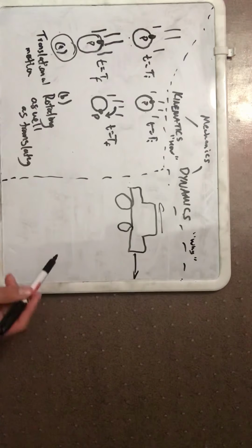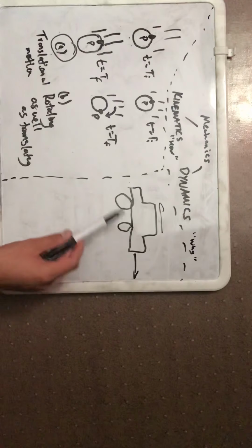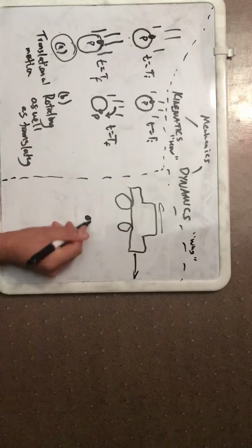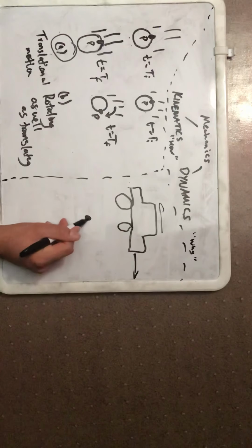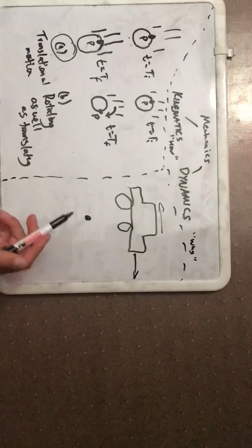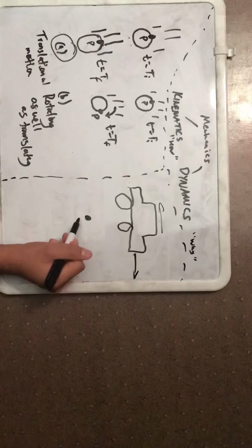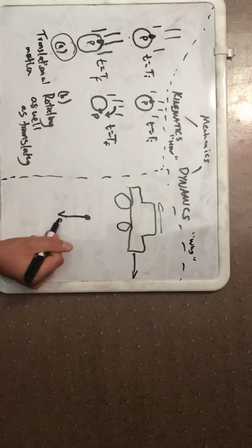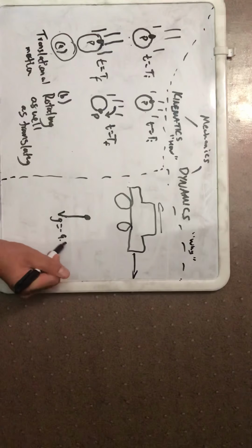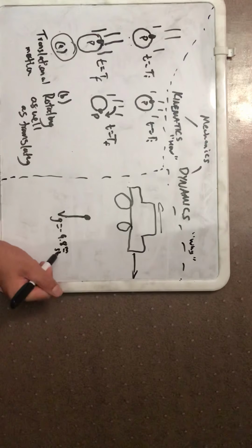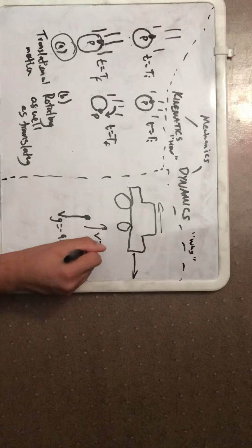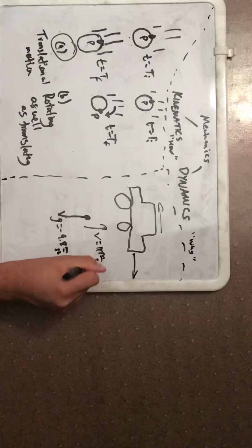But it's really a pain and a hassle to keep on drawing a car over and over. So for notation, we're just going to use this dot. And that dot is going to represent everything. Not just the car, but let's say a ball is being thrown up. The acceleration, as you will slowly learn, is g equal to negative 9.8 meters per second squared. But let's say the velocity is thrown up at 10 meters per second.